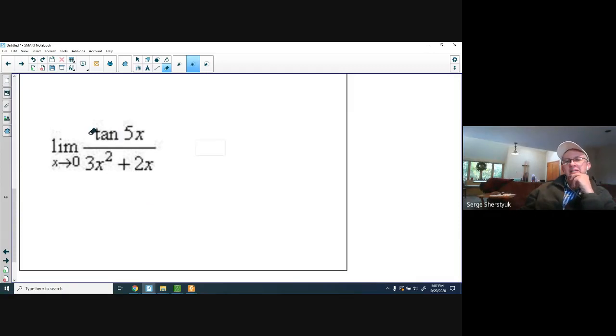Same here. We don't know from algebra, from this particular chapter, any identities that require tangent. So I would maybe split this up into sine divided by cosine and do something with it, or use L'Hopital's rule, which is a chapter 2 skill.